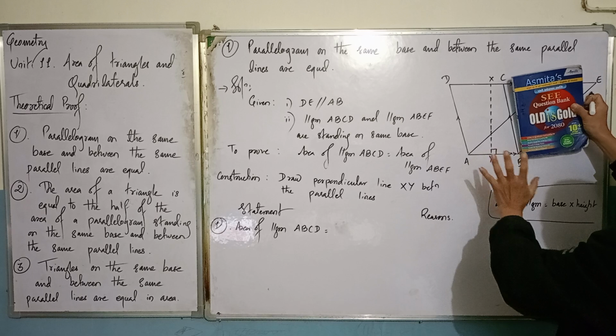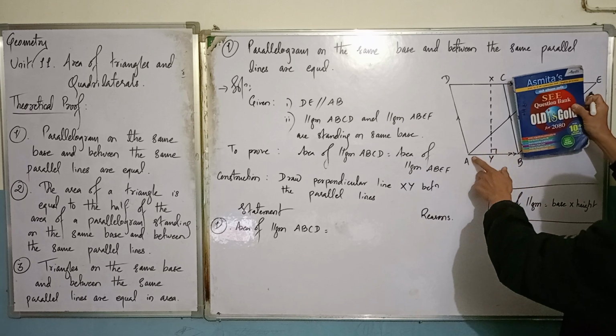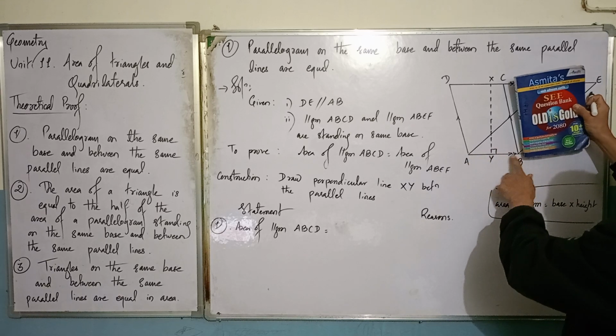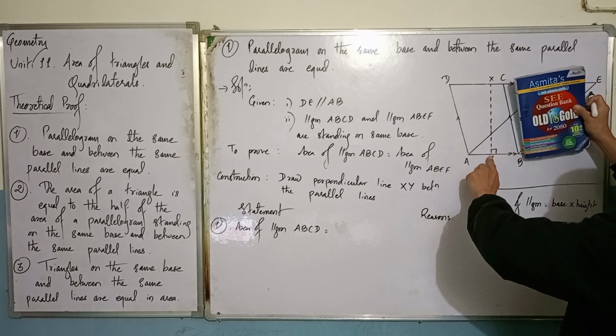The area will be given by base, which is AB, and the perpendicular height is XY, which we have drawn.